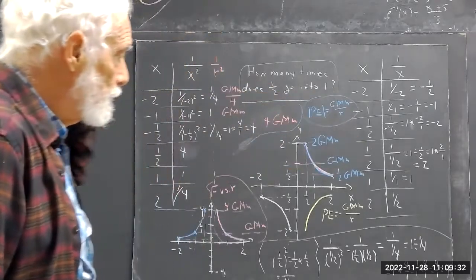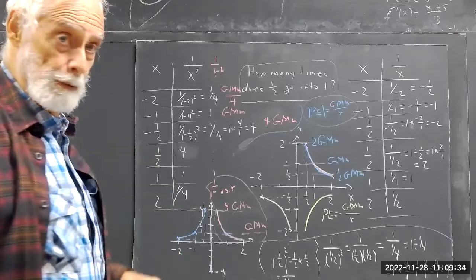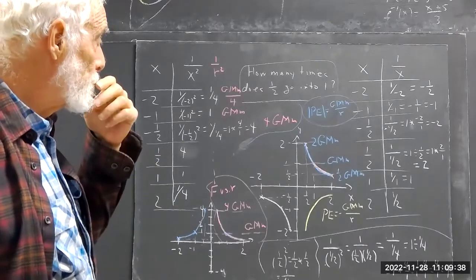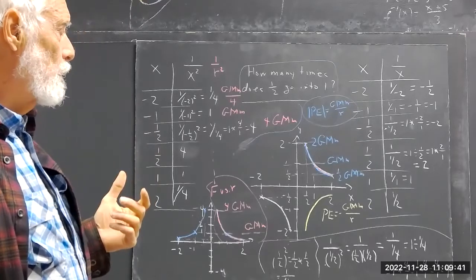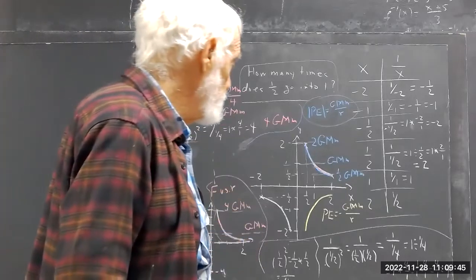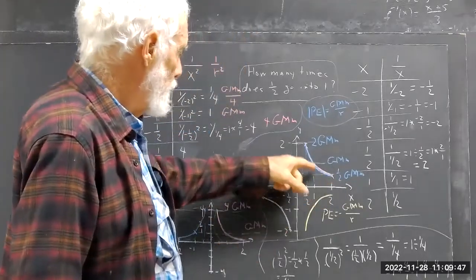One thing about this is you notice I didn't include 0 in here. So the question is, what would you do with 1 over 0? Now we see the trend over here.